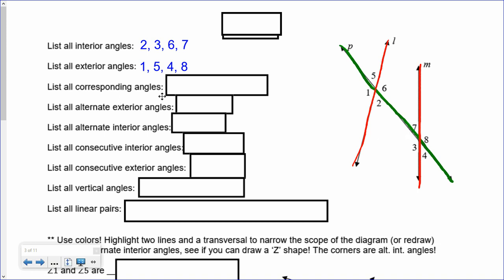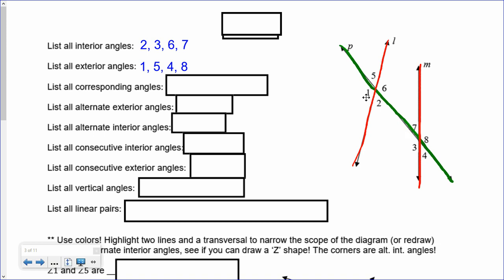And we're going to find corresponding angles. These angles work in pairs. Okay, so I was just identifying the position of each angle. Now I'm going to link them together into pairs to find angles that are corresponding. So remember, correspond means that they're in matching positions. So if I start with angle 1, angle 1 is in the lower left-hand corner. If you look at these four angles, this is the lower left-hand corner.